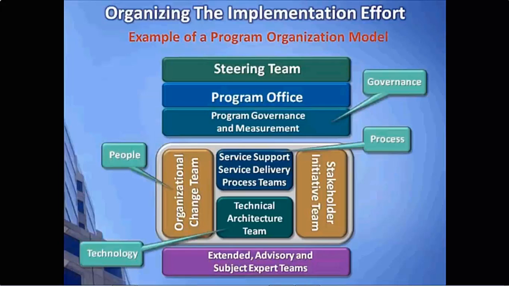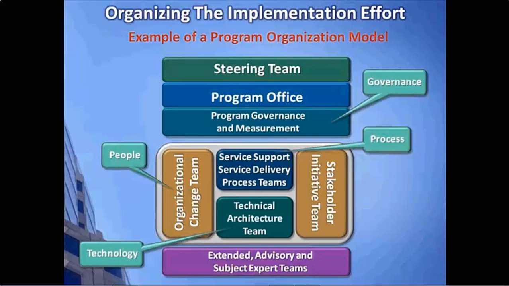Here's a good model of just how in general you may want to organize for a fairly large ITIL implementation effort. You have a steering team there at the top to govern decisions, a program office to make sure that the various projects are working together and moving on track, some governance and measurement in terms of putting together the metrics for some of the processes you may be building and solutions and putting those reports together.